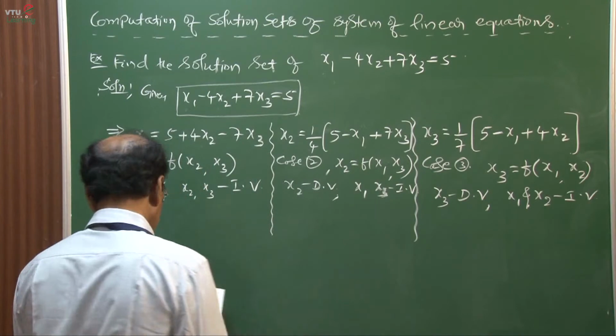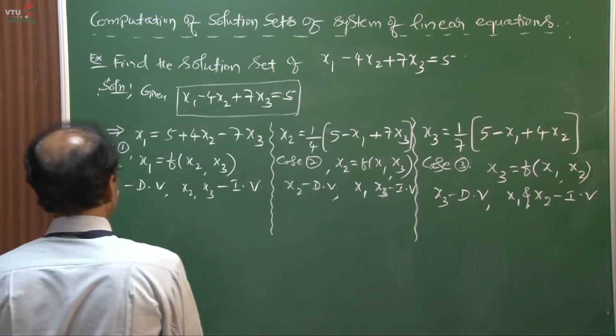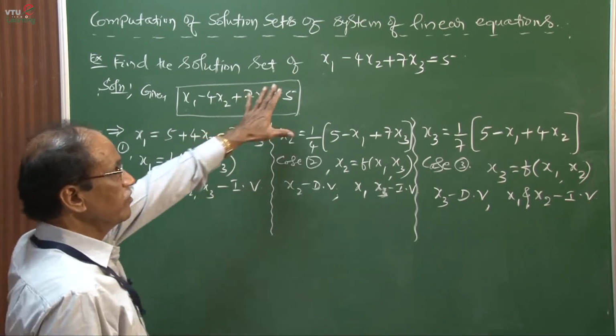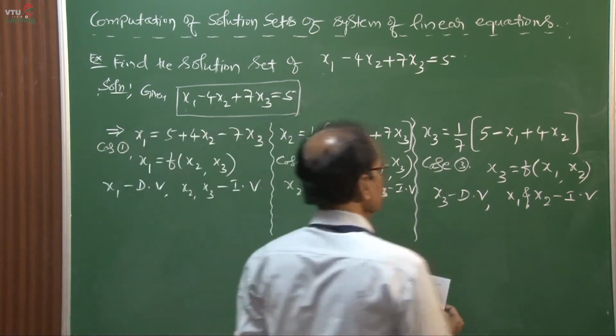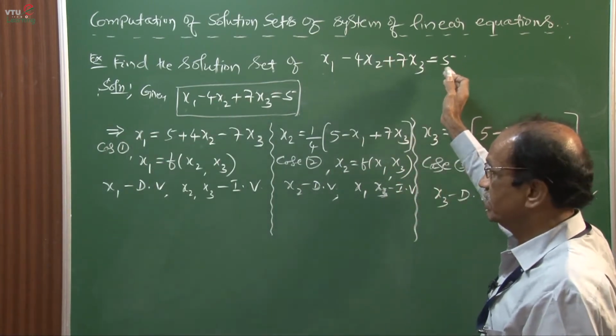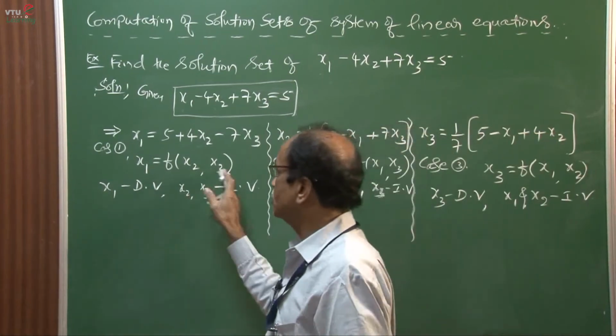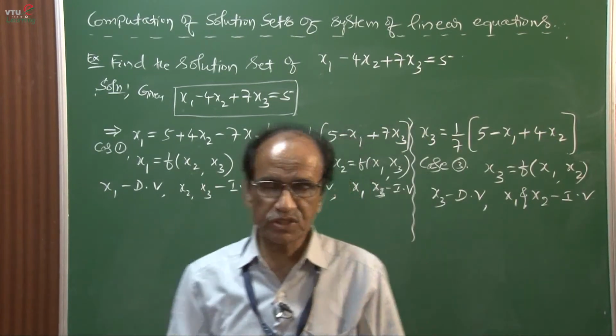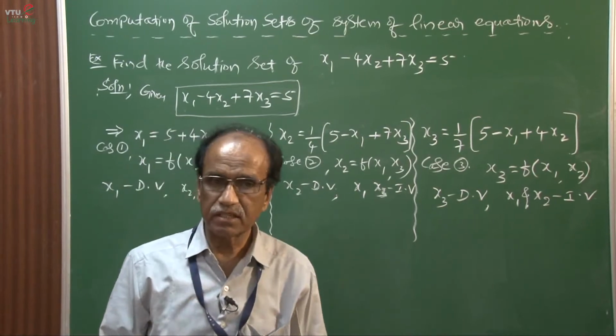Now suppose I take the first. In the previous case only one value was there on the right side, but here there are two values. You have to give two inputs on the right side and get the corresponding output.